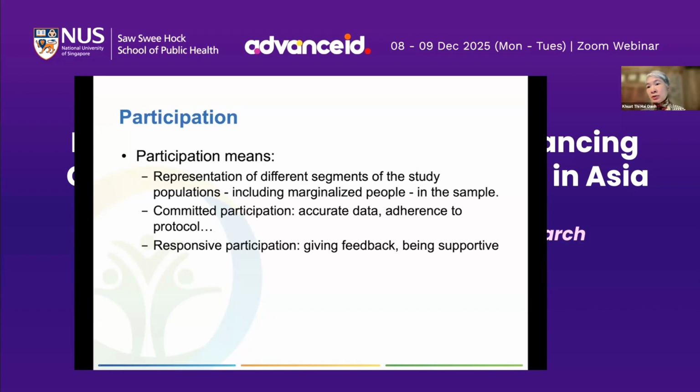I am on the steering committee of a very, very big trial, and to learn more about the community participation in that trial, I talked to some of the principal investigators. One of the questions I often ask them is, do you get any feedback from the participants?